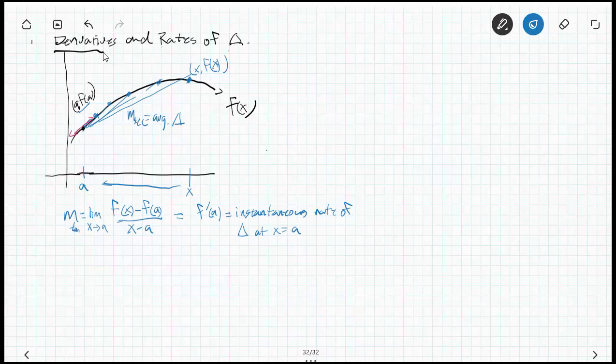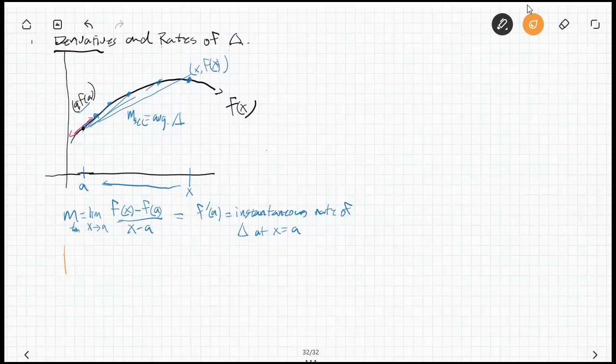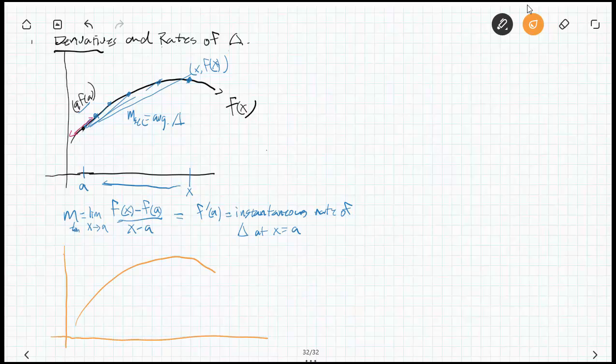Now, I want to incorporate something; you've already played with the difference quotient back in pre-calc, right? But I want to incorporate it. Let's see, let's pick orange here. I'm going to have the exact same function, but I'm going to use the difference quotient. So here we go. I've got this guy, and here's my point a, f of a, right? And this is my function here, f of x. Now, instead of going out to x, I'm going to go out to a plus h, which tells me that this little increment right here, we're going to refer to as h.